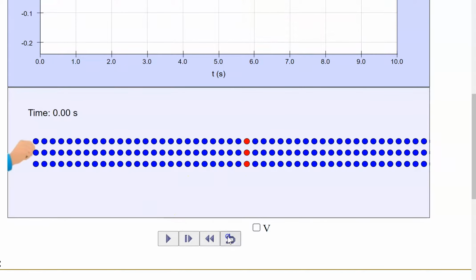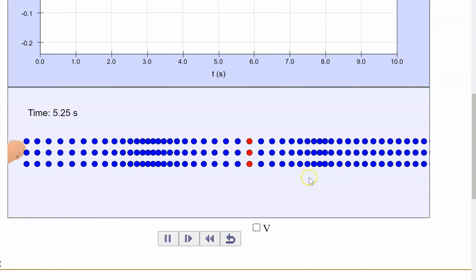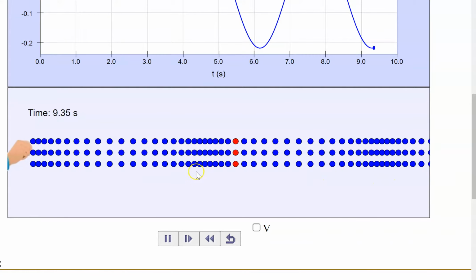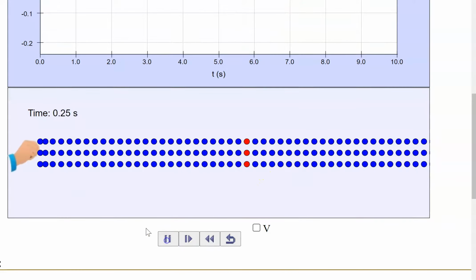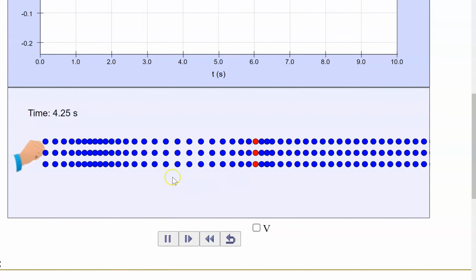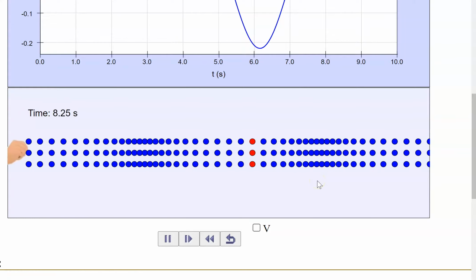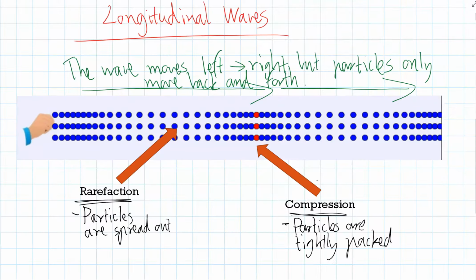So it's a constant chain reaction of particles bumping into each other, and that causes the compression to move all the way along. And then we've got another compression here. So the compressions push each other along, and then the rarefactions follow along afterwards. So you should be able to picture and explain how sound waves actually move.